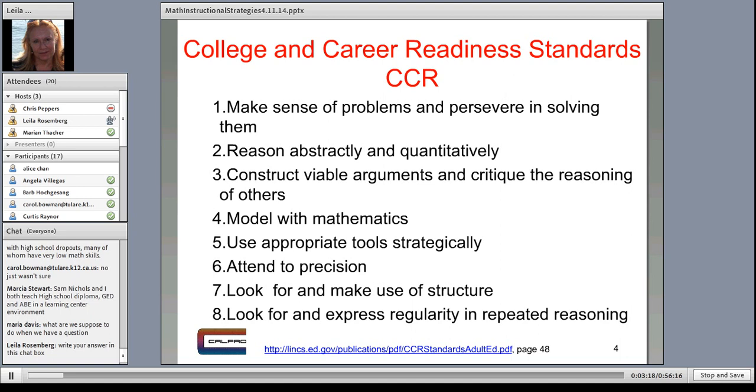They provide specifications for assessing real-world problem-solving skills in a mathematical context, rather than just requiring students to memorize, recognize, and apply formulas. To better understand what each of the CCR topics covers, please go to the link on this slide. Each standard is explained in detail. The link you will open is a very long document, but if you go to page 48, you will find the explanations.